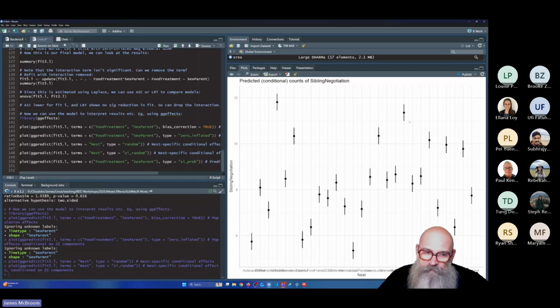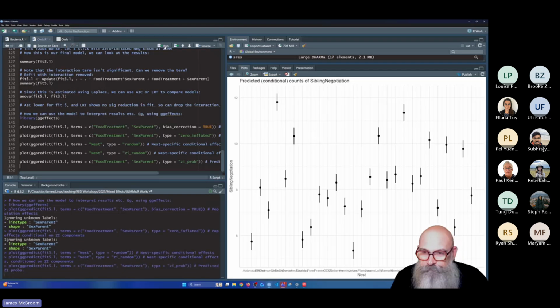Maybe geographically these nests were all in the same area. It'd be worth checking out anyway. So these random effects can point you in the direction of places to look for further study and research. And then finally, we can look at the zero inflation probabilities.